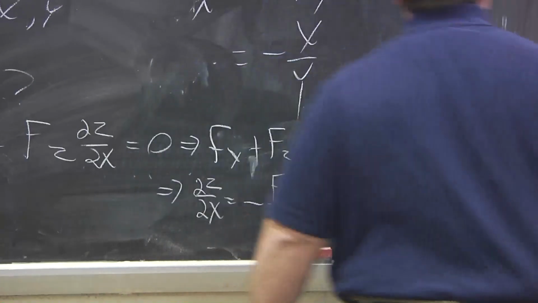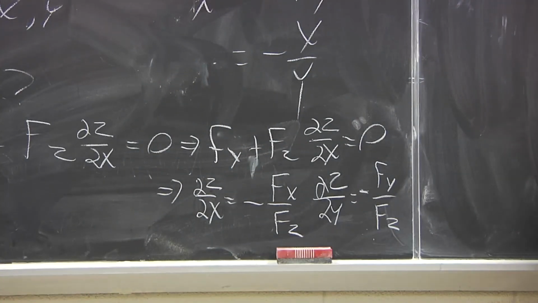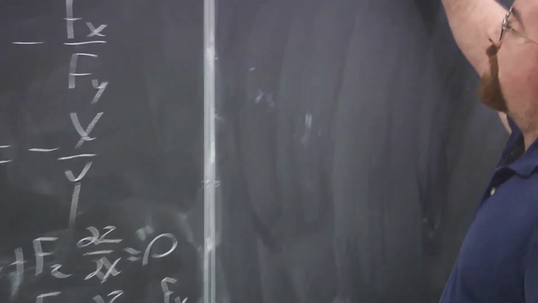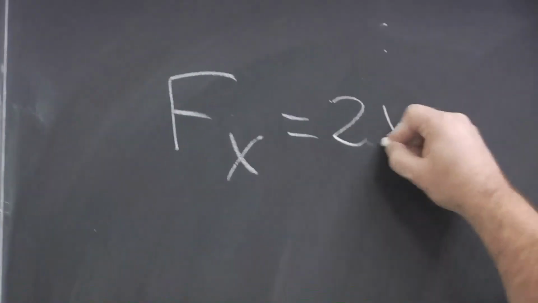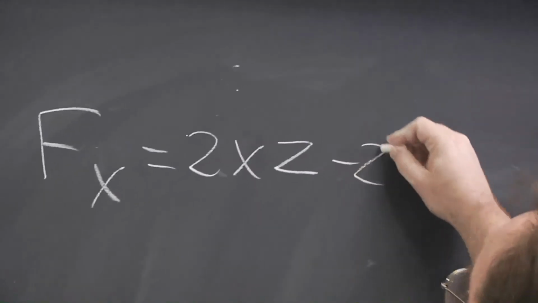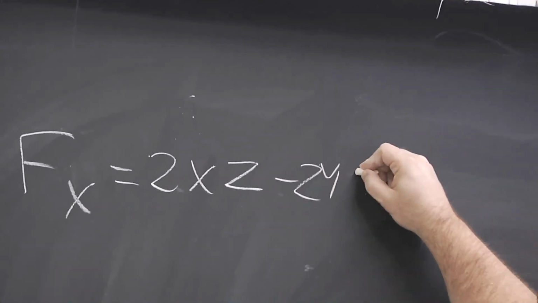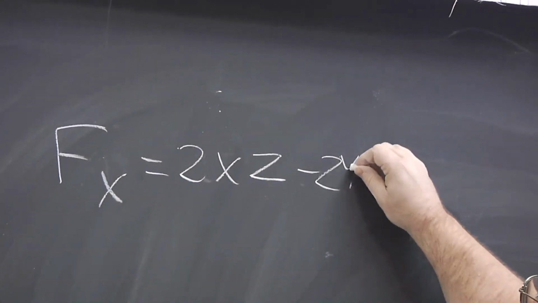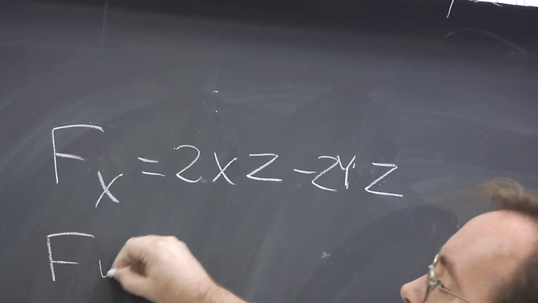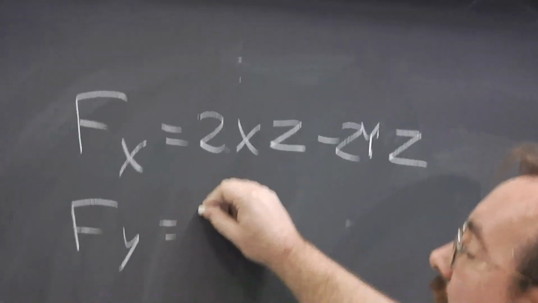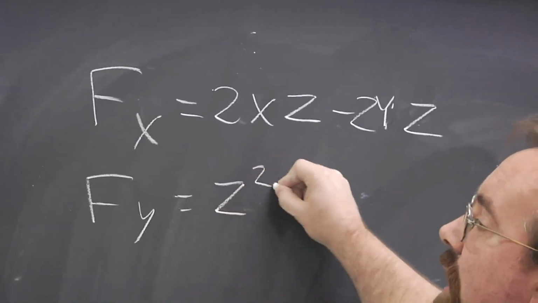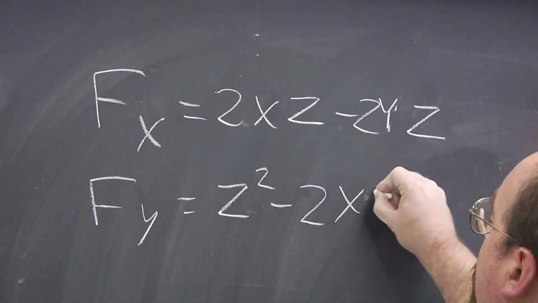So, in this case, if we go ahead and compute the partial derivatives, with respect to x we're going to have fx equals 2xz minus 2yz, and then fy is going to be z squared minus 2xz.